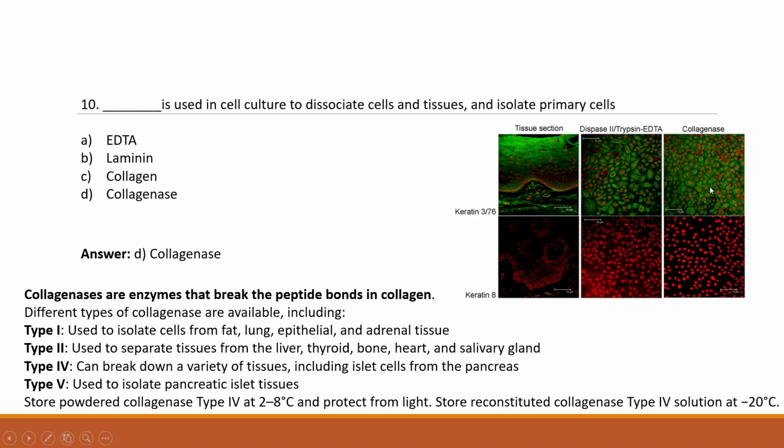You can see the green region is your cytoplasmic region, the red is the nucleus of the cell. You can see here that it is more compactly arranged when they were collagenized. But when they were trypsinized, they are still attached to each other even in the dish, but they are a little far apart from each other, and they are spreading more than usual. So here also you can see their arrangement.